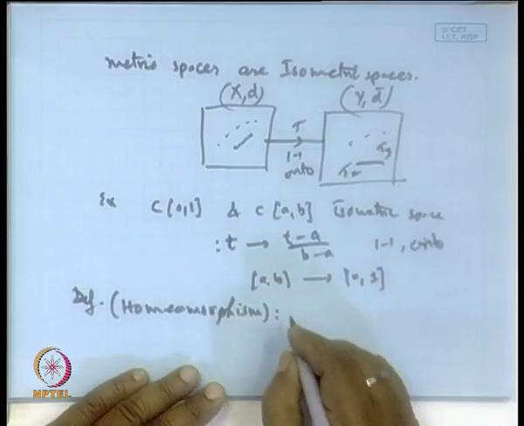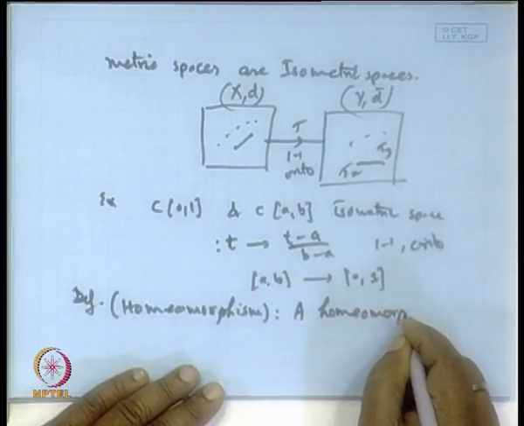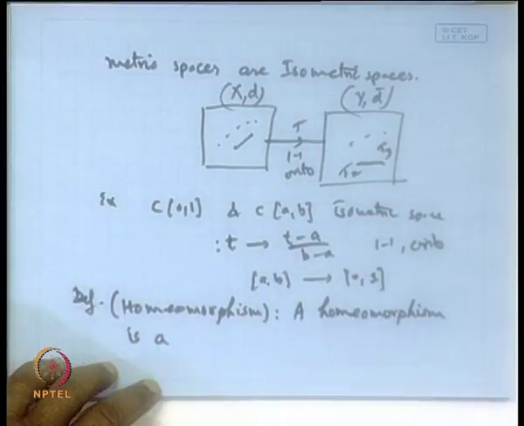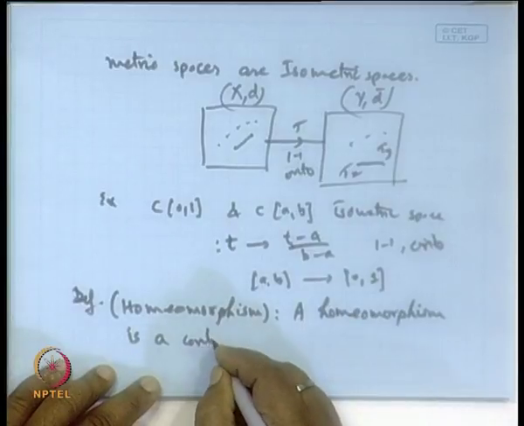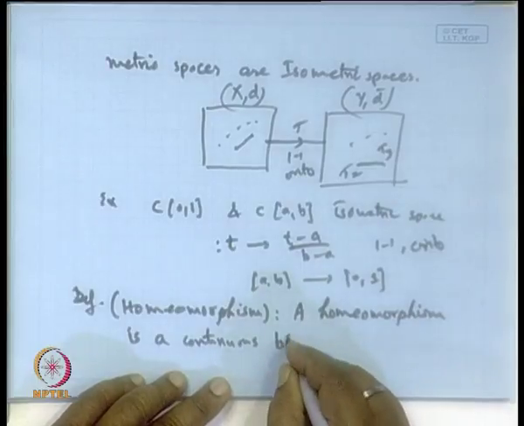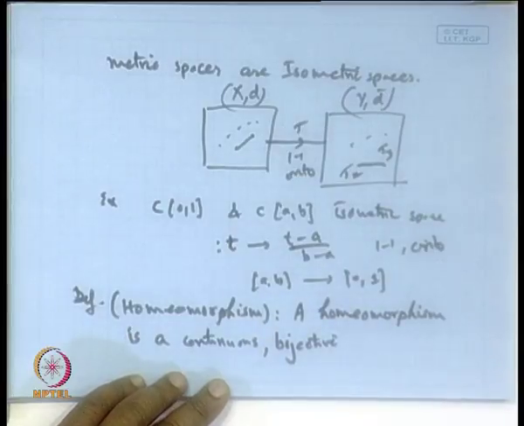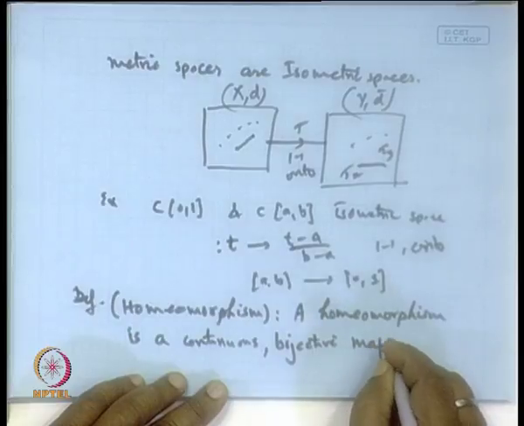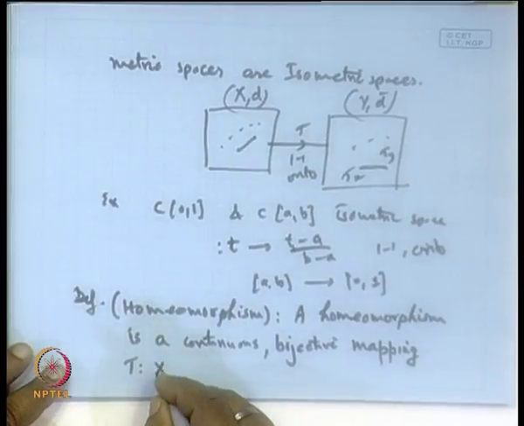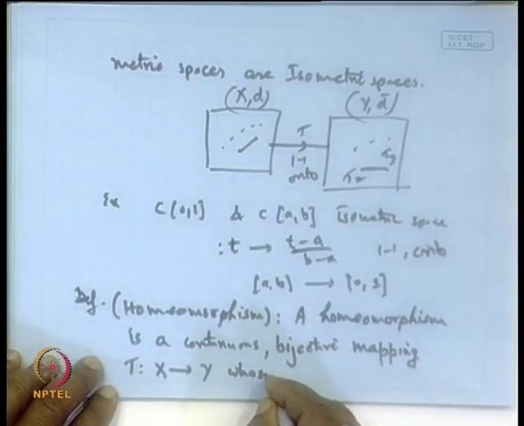A homeomorphism is a continuous bijective mapping T from X to Y whose inverse is continuous.